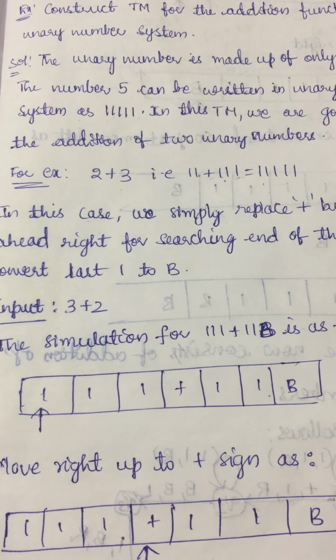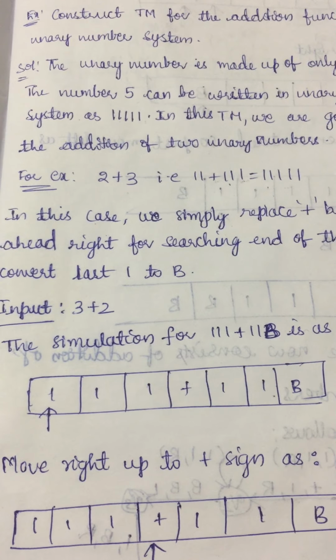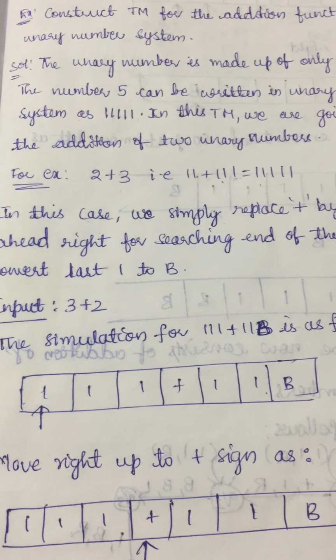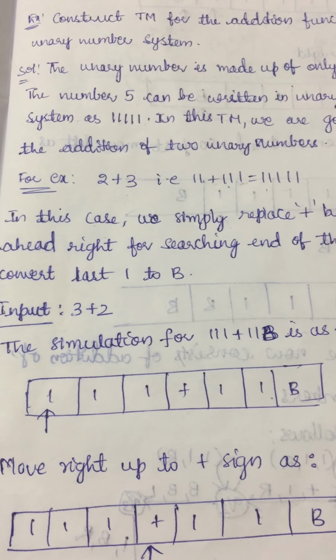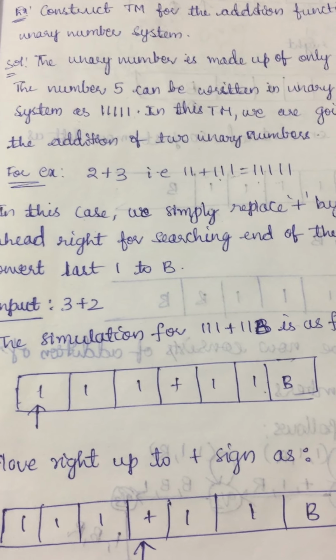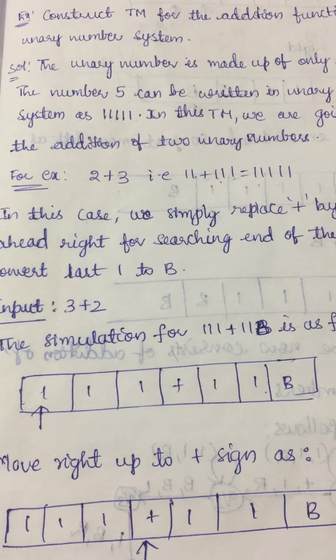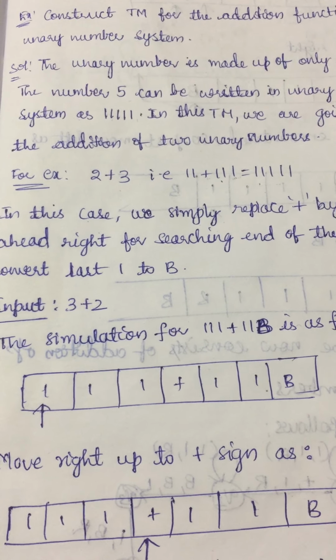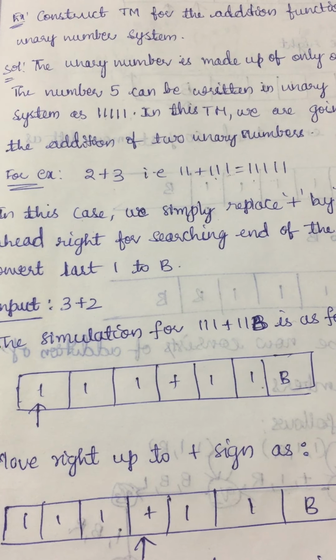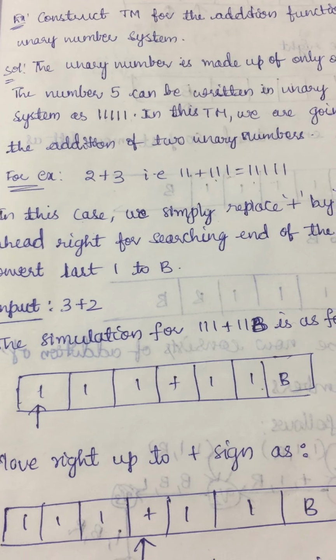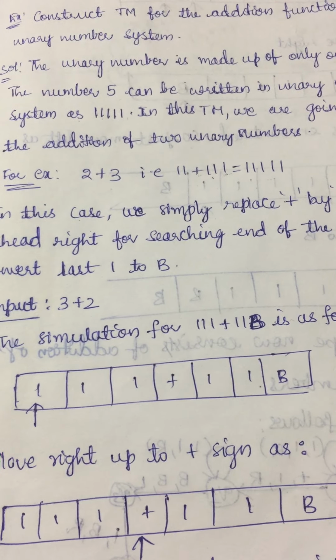But apart from drawing the Turing machine, first you need to mention the step by step process, what is the logic going on there, and at the end, by considering all the points which you have written, you need to draw the Turing machine. This is the procedure which we need to follow in order to attempt that question in our semester exam.